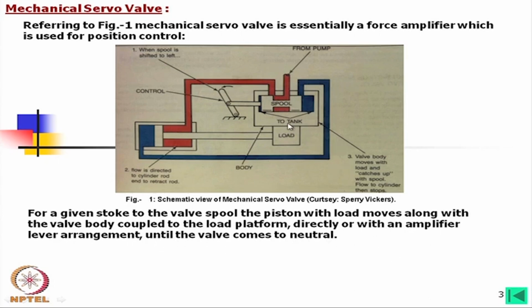Here it is a direct connection, that means whatever the movement of this piston is, the movement of this body will be the same, but it can also be amplified or reduced. Normally amplification is required, which means that if this moves 10 millimeter, then this will move only 1 millimeter, because the valve movement needed is very small. That can be done by a fixed mechanism system, or maybe a variable system also, where the ratio can be varied.